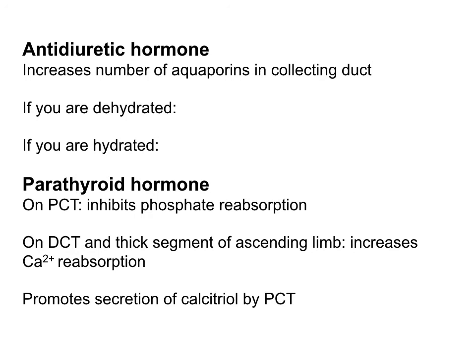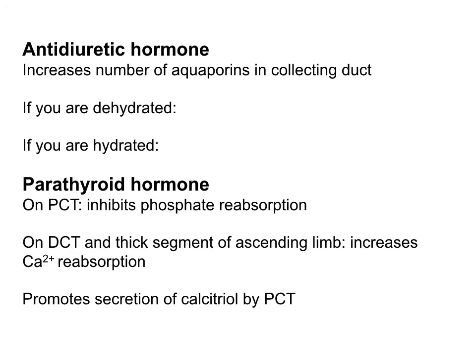Now, this is actually important because if your blood phosphate levels are low, it decreases the chances of forming your hydroxyapatite crystals in your bones. You guys learned in A&P1 that hydroxyapatite crystals form your bone matrix, and you need calcium and phosphate to form them.